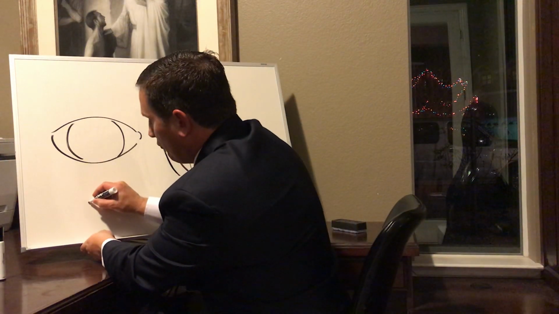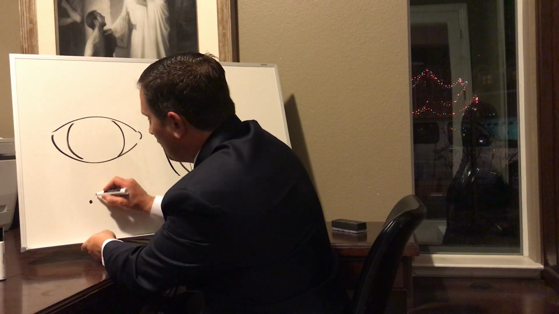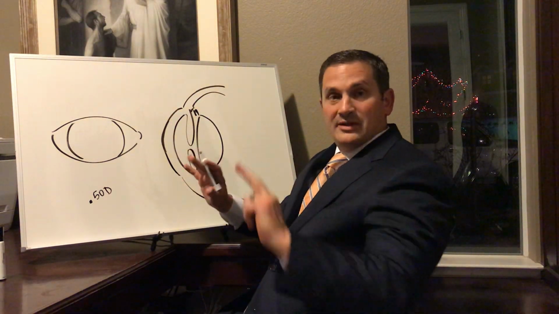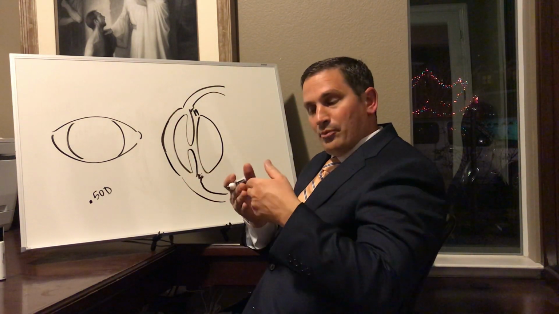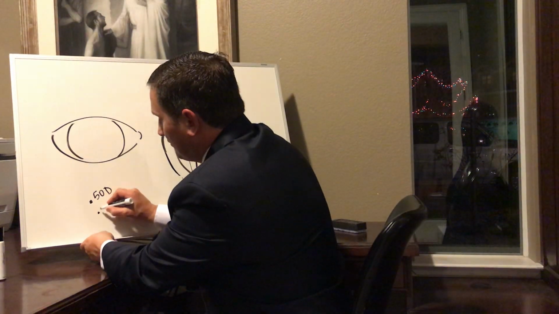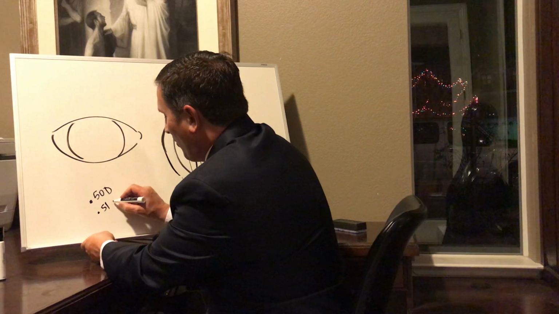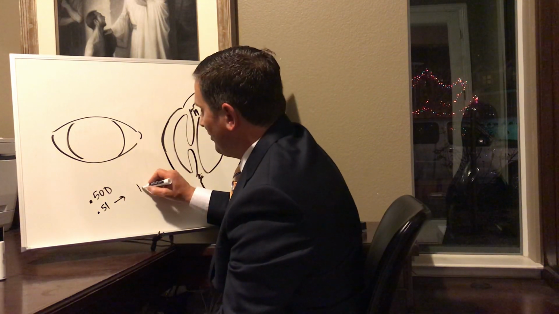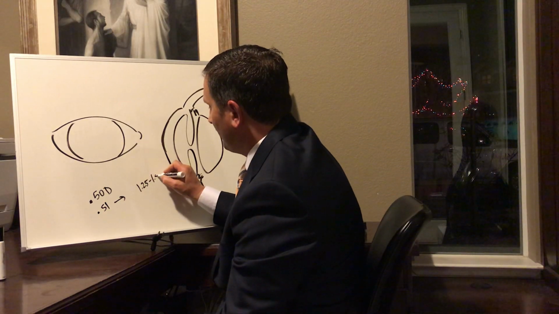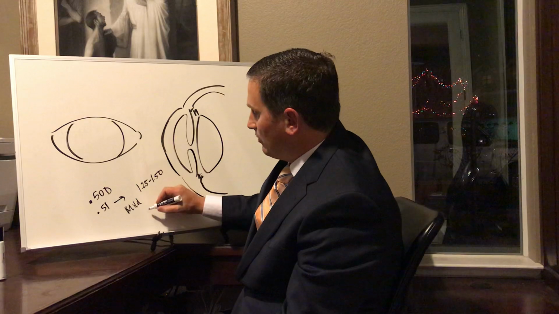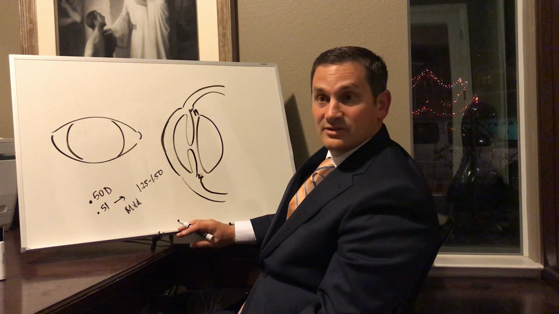So as a general rule, if you have 0.5 diopters of astigmatism or less, we keep it. A little bit of astigmatism provides depth of focus. So if you have 0.51 or greater, all the way up to maybe 1.25 to 1.50, that's what we call mild astigmatism, and that can be treated with what are called limbal relaxing incisions.